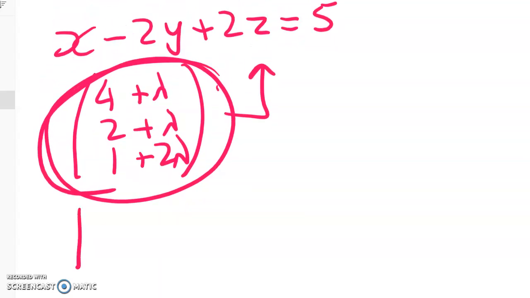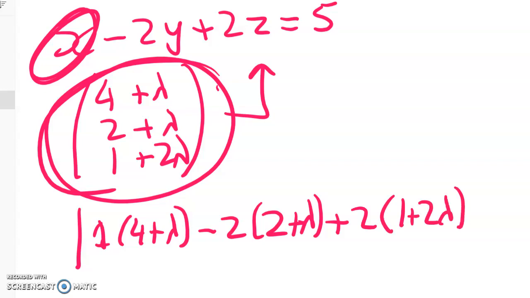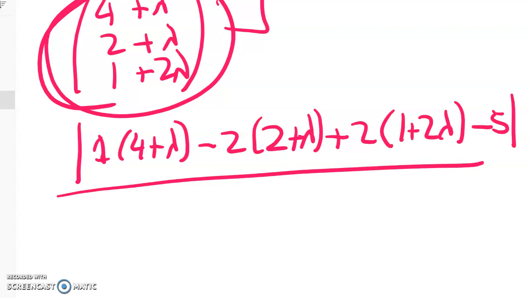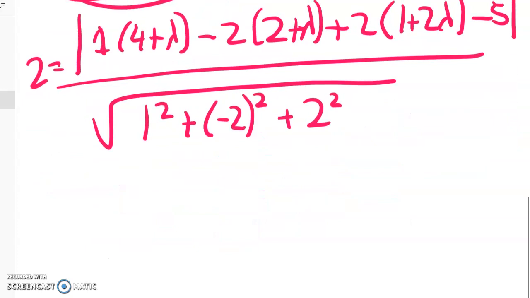So we're going to have 1 coefficient of that x, 1 times 4 plus lambda, minus 2 times 2 plus lambda, plus 2 times 1 plus 2 lambda, take away 5, scaled by the square root of 1 squared, plus negative 2 squared, plus 2 squared. And that whole thing has got to equal 2.